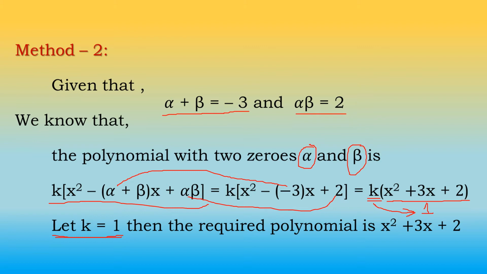Here the denominator is 1, so we are assuming the value of k is also 1. Now by taking the value of k as 1, our required polynomial is x square plus 3x plus 2. This is another method to find a quadratic polynomial.